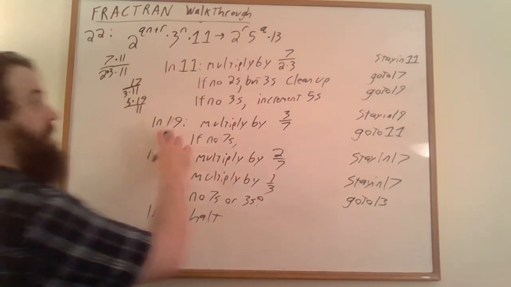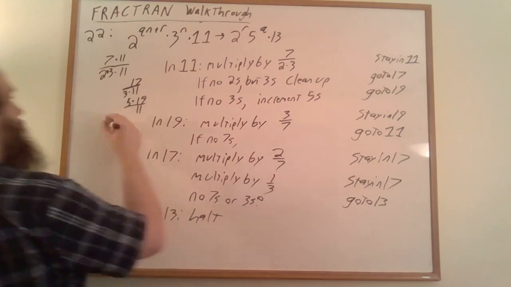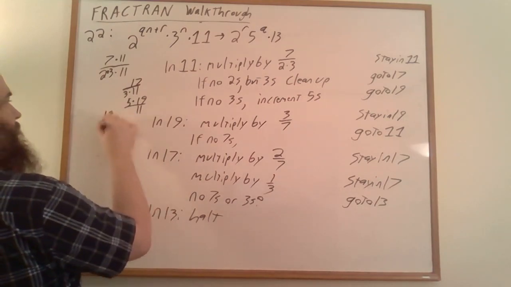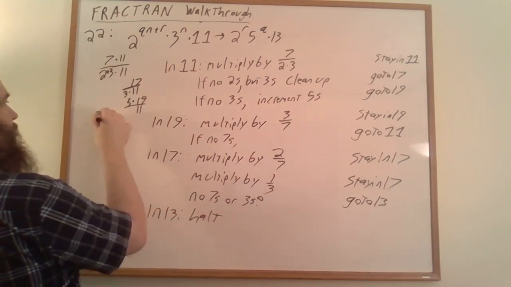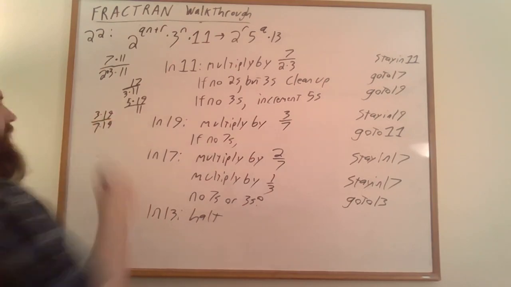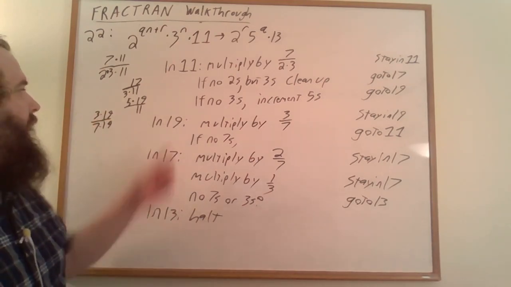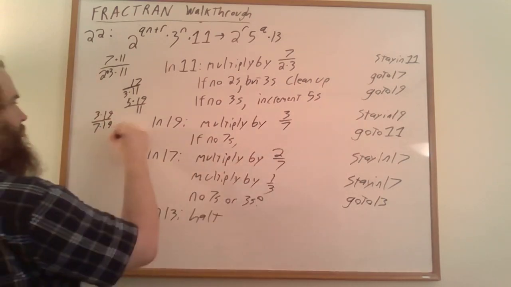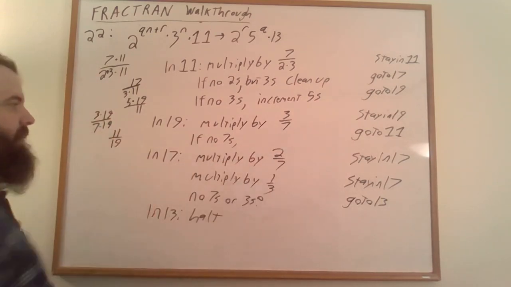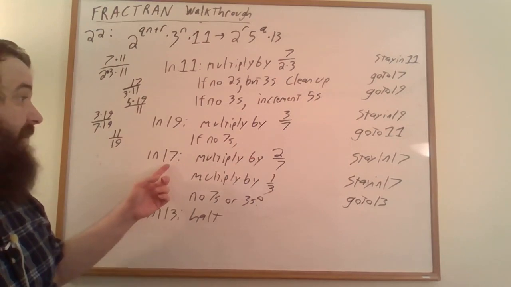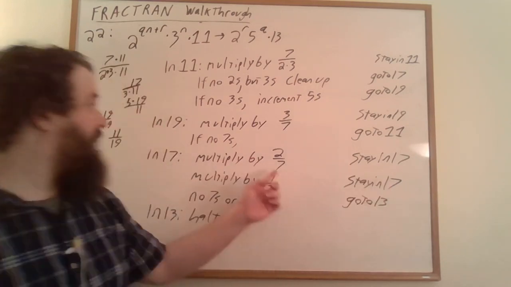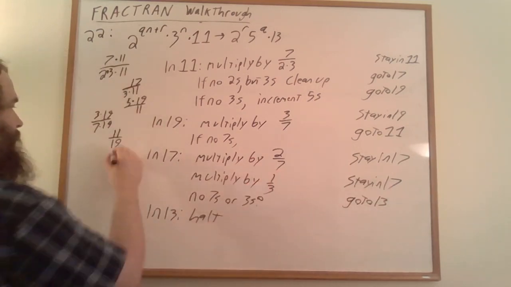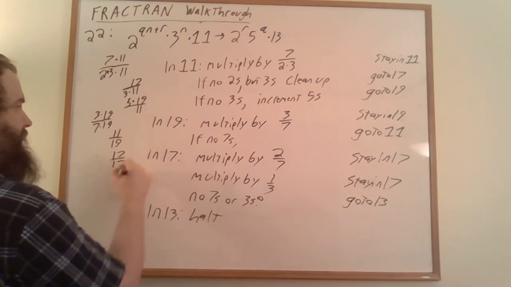To go from state 19 to 19 and multiply by 3/7, that's going to be 19/19 and 3/7. And then to go from state 19 to state 11, we need 11/19. To go from state 17 to state 17 and multiply by 2/7, we're going to want 17/17.